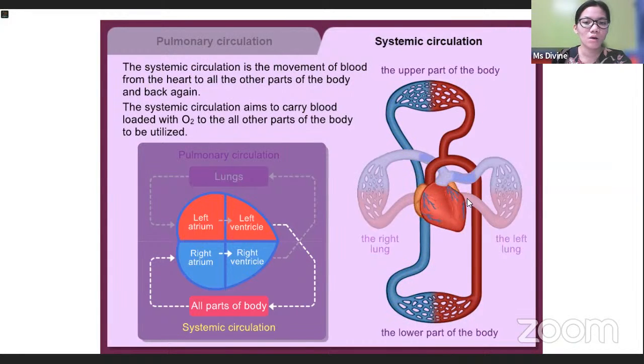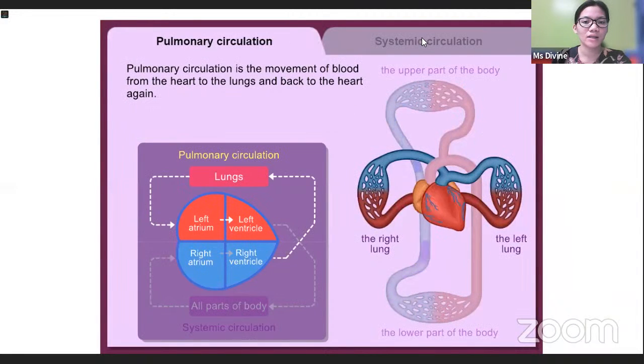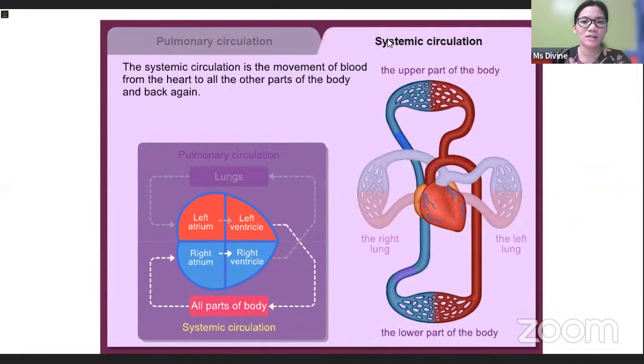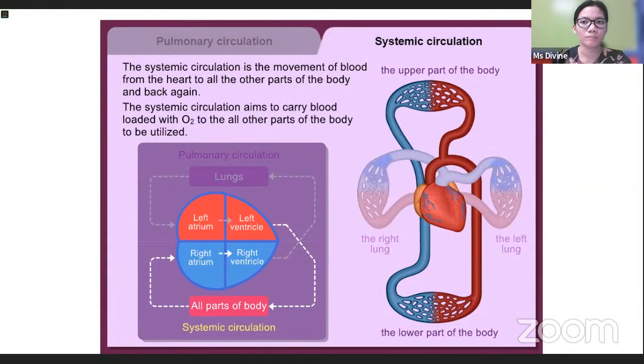So it's only between the heart and the other organs in your body. That is the difference: pulmonary is in between the heart and lungs, systematic is your heart and other parts of your organs.